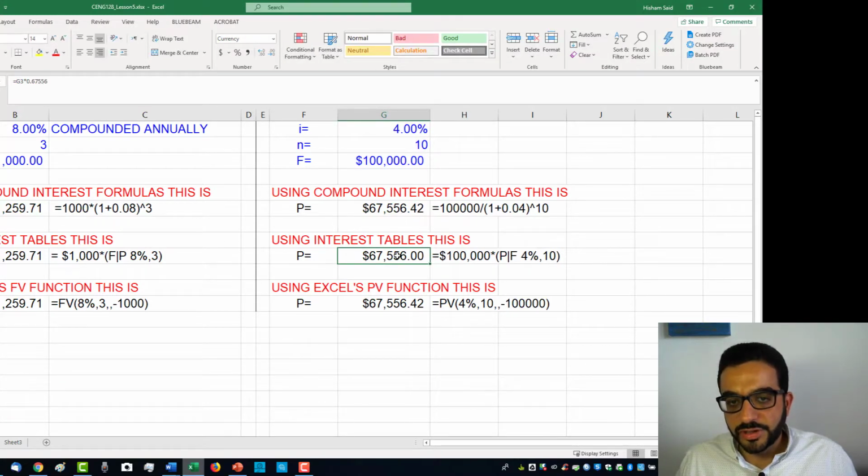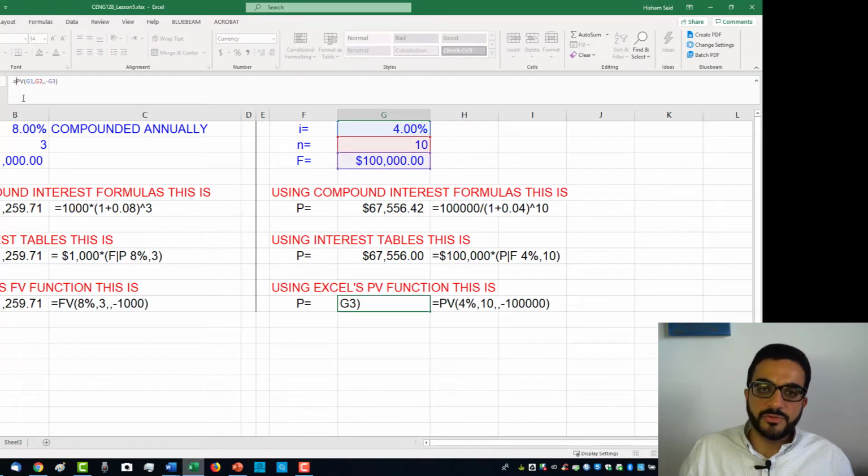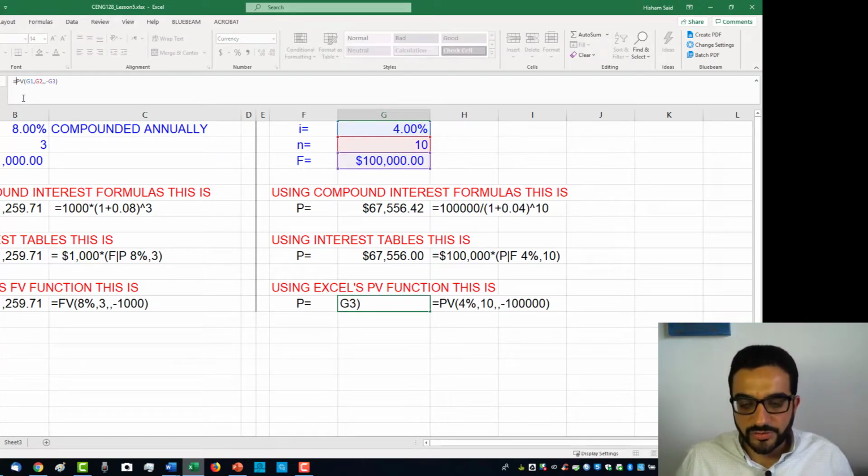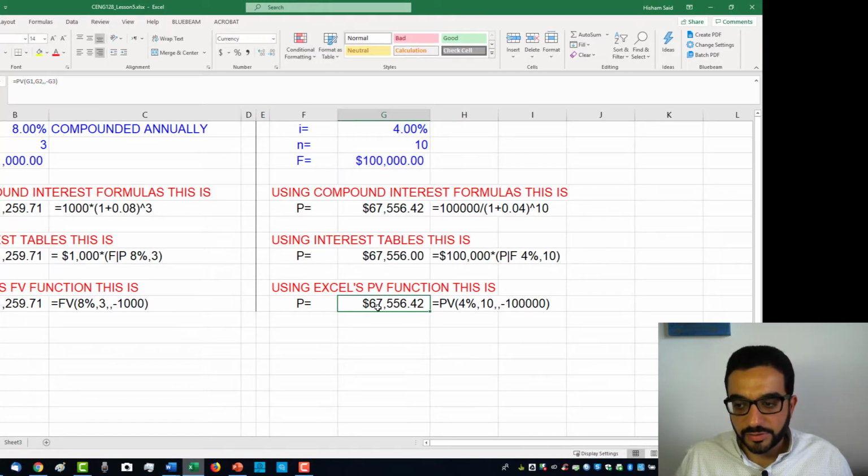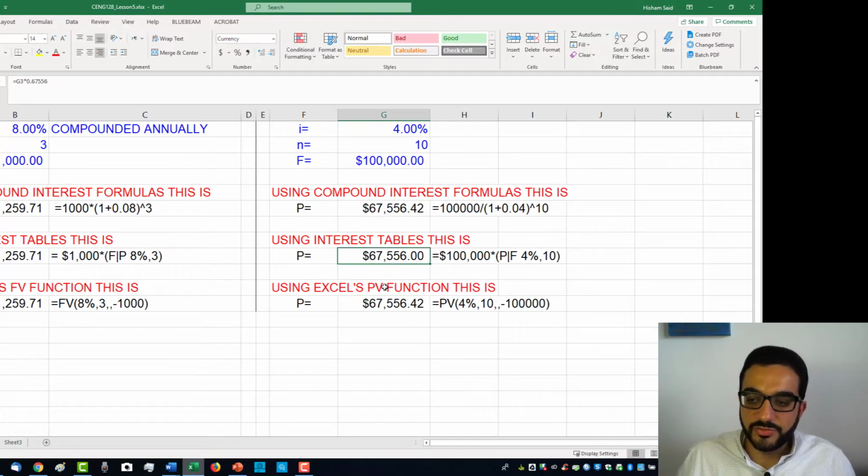Another way is using the interest tables. The third way is using the PV function in Excel, present value. Same inputs into the function, and again, pay attention to using a negative in for the future value. So you end up with no change in the sign between the future value and the present value you calculate. And you can see here, this is the same answer we got for all methods.